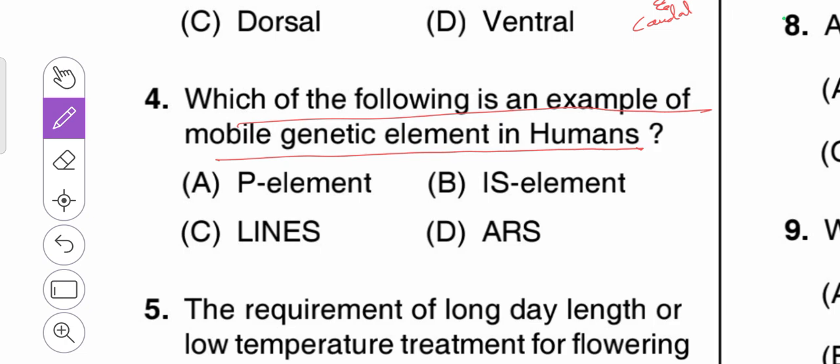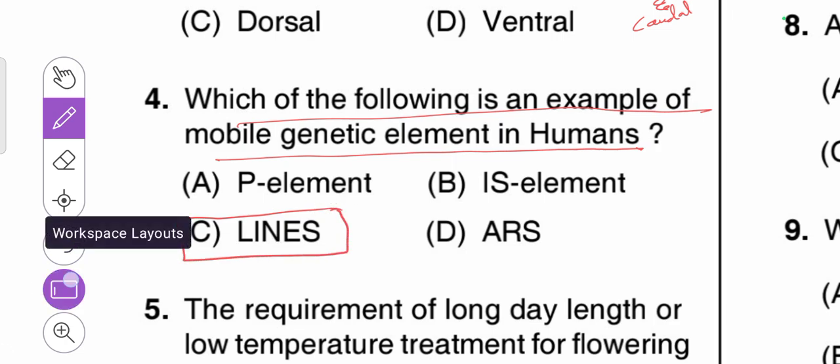Here the LINEs is the correct answer, and it is considered as a mobile genetic element. So this mobile genetic element will jump around the human DNA, and they will be called mobile pieces of DNA.